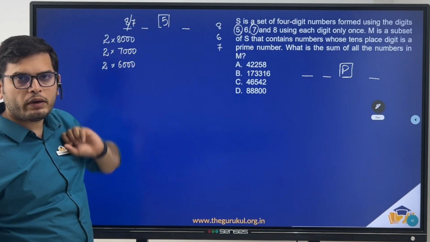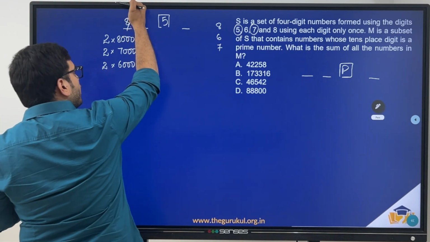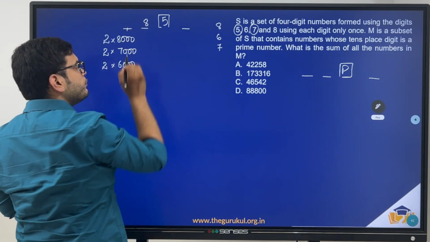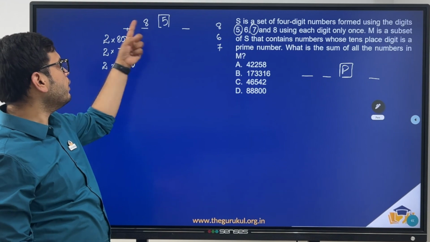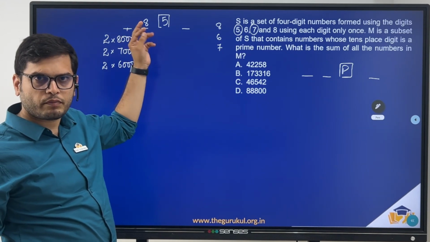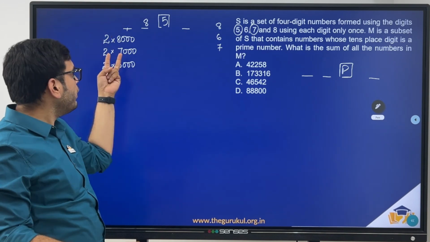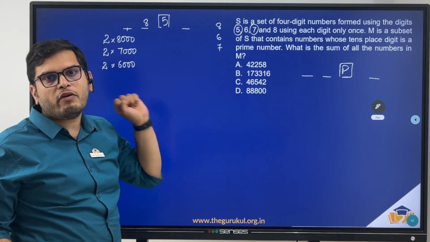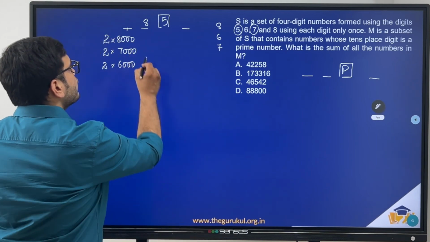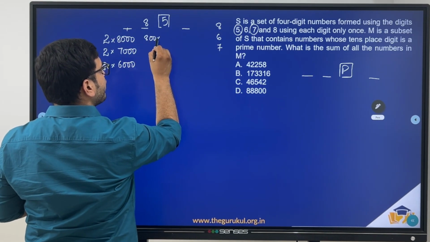Now similarly coming to hundreds place. Right. Now let's shift 8 to here. How many numbers are there? Two numbers. Right. 7,000 and 6,000. And the values in the thousands place we have already considered here. Now let's add the values in the hundreds place. Right. So 800 into how many such numbers? 2.